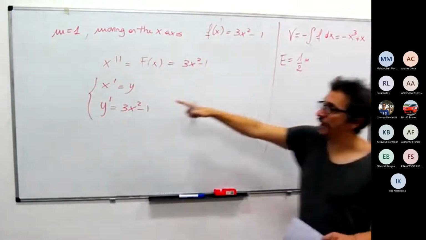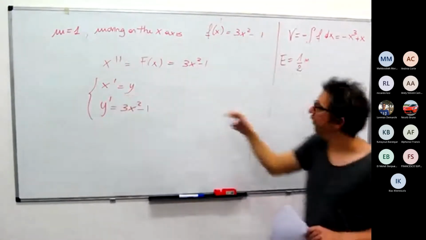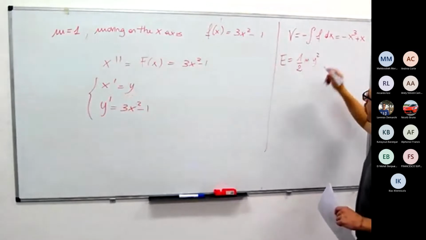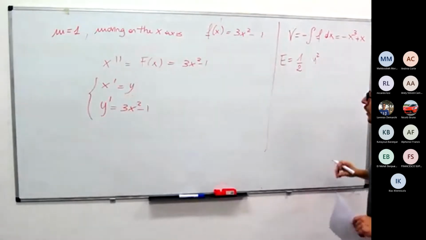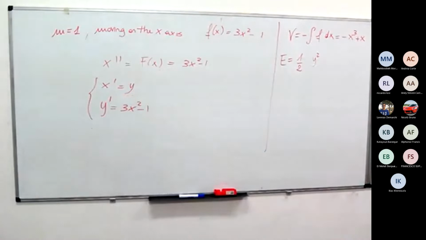The velocity, remember, is x prime, so it's y squared. So 1/2 y squared plus the potential, which is x minus x cubed.